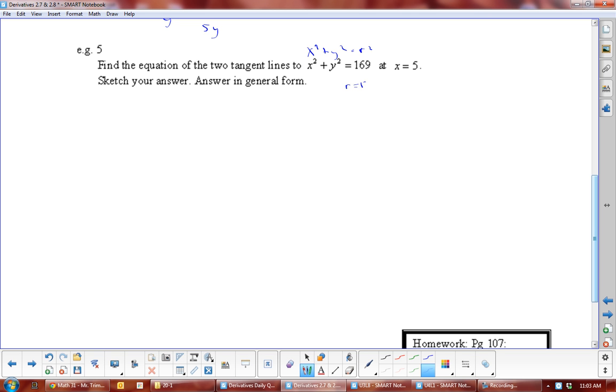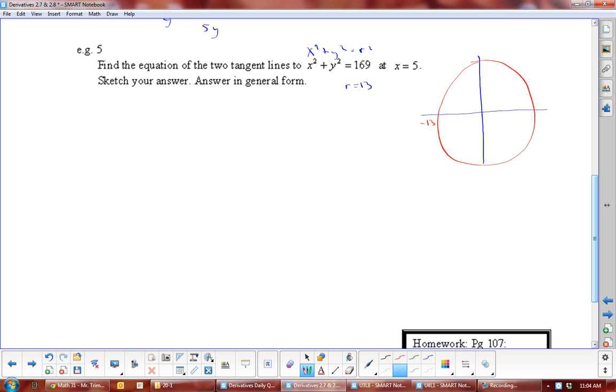So r would equal 13. The center of this circle is 0, 0. So let's just draw a circle like that.